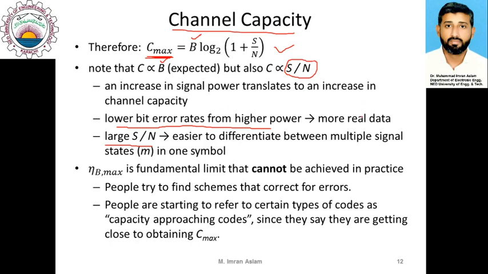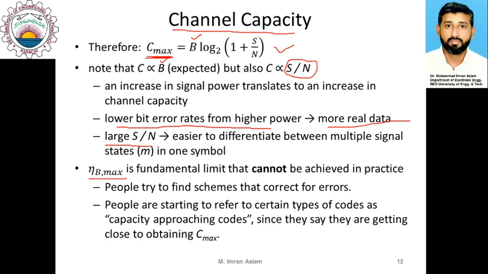Having easier detection, we generally accommodate more data bits onto the channel as compared to a lower SNR value. So increasing SNR also increases the overall channel capacity.